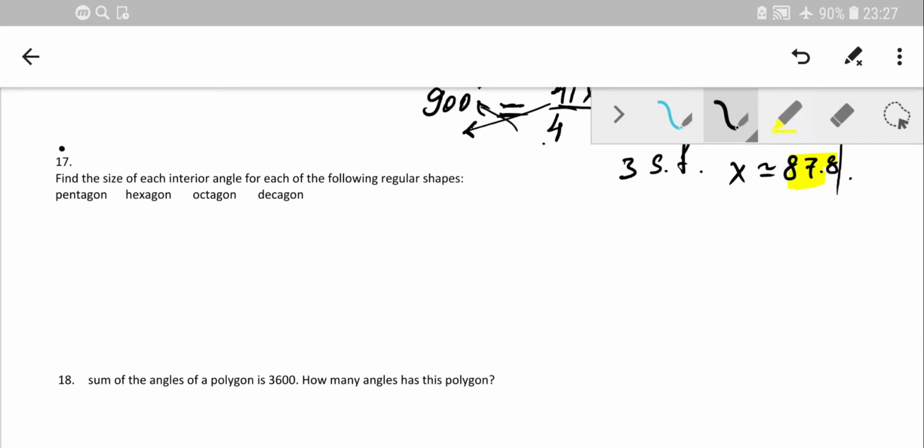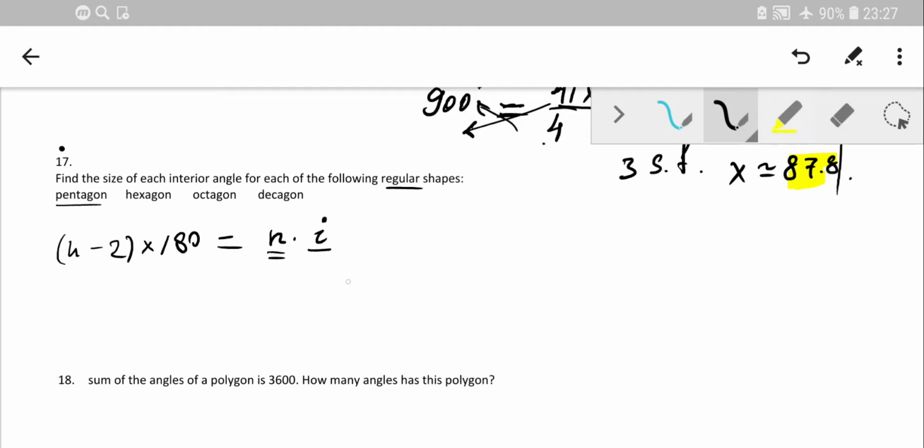Okay, 17. Find the size of each interior angle for each of the following regular shapes. All right, so we have a pentagon, so 5 sides, n minus 2 multiplied by 180, and because on the right side we have the sum of all interior angles and the shape is regular, instead of the sum we can simply say that if one interior angle is I, which stands for interior, we multiply by the number of angles.